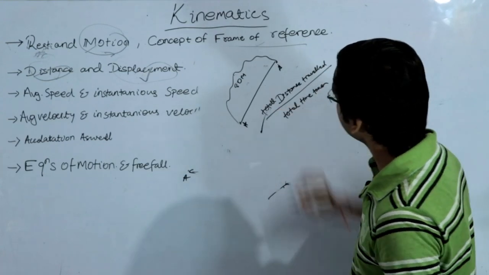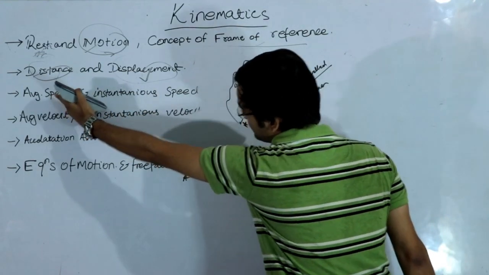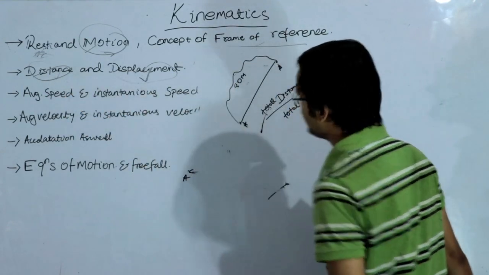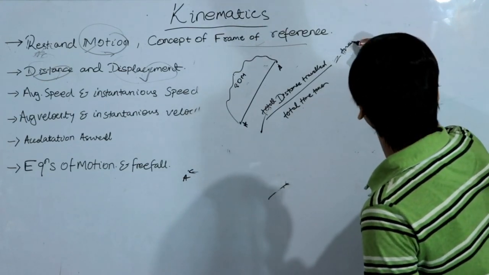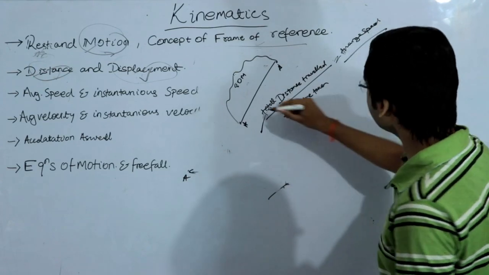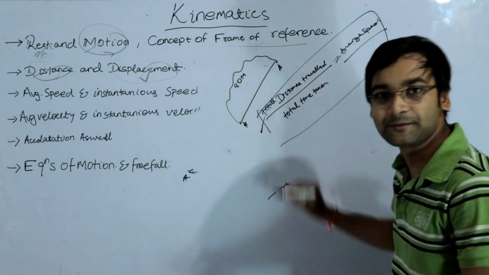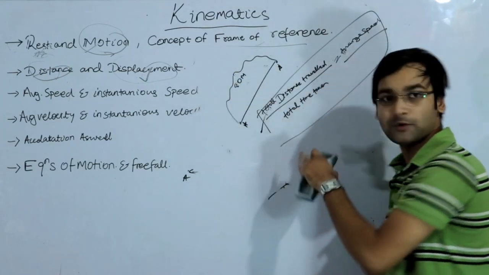It should be obvious to you that speed is of two types, average speed or instantaneous speed. I have written here the average speed. So the average speed is equal to the total distance covered by the vehicle over the total time taken.